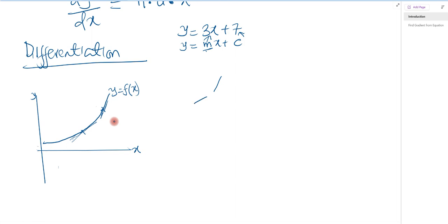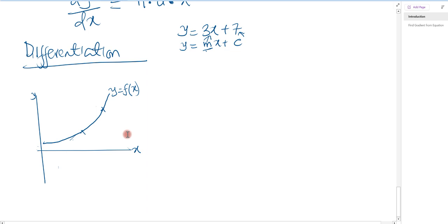This one has a higher gradient compared to this because one is a bit flat and the other is steeper. That's the nature of a curve. A curve doesn't have the same gradient at any point. Every point on the graph has its own gradient, because the curve is changing the way it slopes.